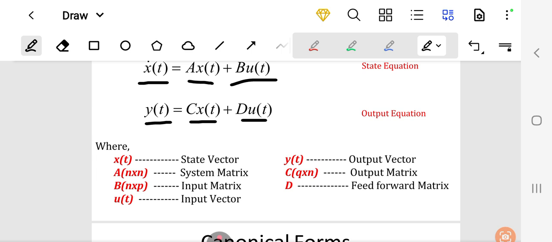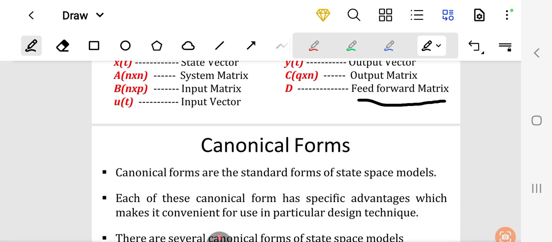B is the input matrix, which is multiplied by the input u, and is n by p. P is the size of the input, u is the input vector, y is the output vector, and C is the output matrix, which combines the states to obtain the output. D is the feed forward matrix, which feeds forward the input to the output.